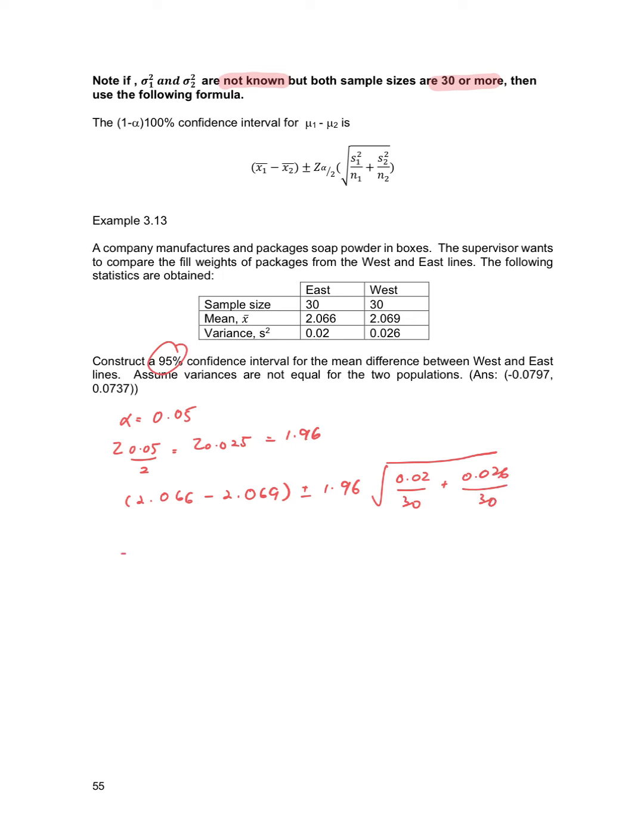Okay, finally we get the answer negative 0.0797 and 0.0737.